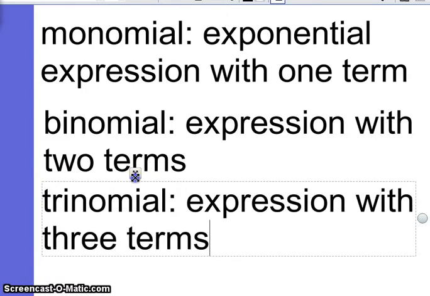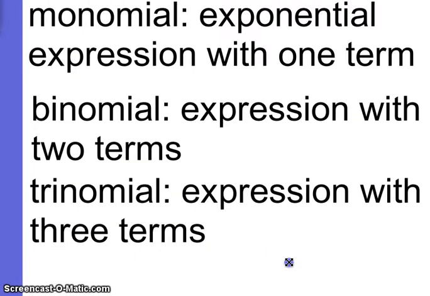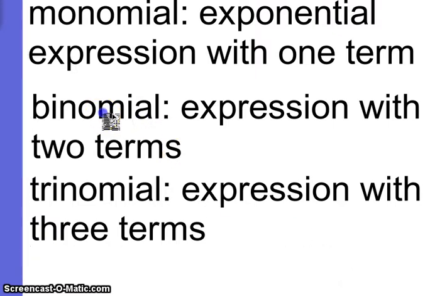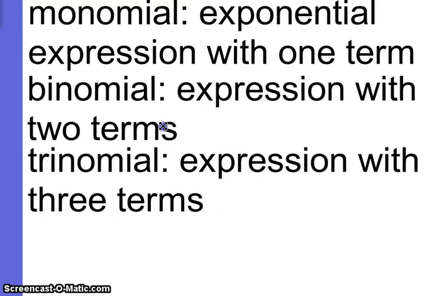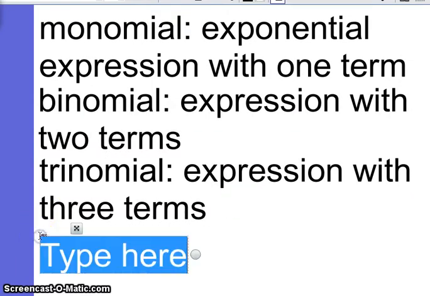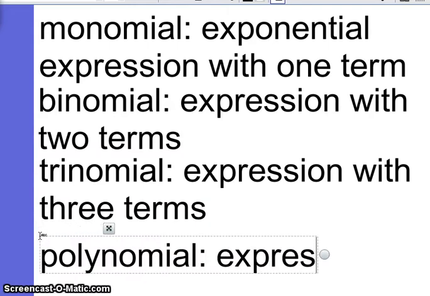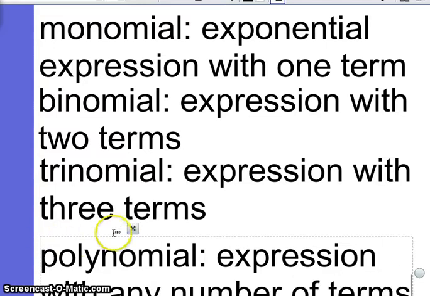Okay, and then the reason I wanted to define those first is that a polynomial could be any of these. So a polynomial could be a monomial, could be a binomial, it could be, I guess, a quadrinomial. Polynomial, an expression with any number of terms.